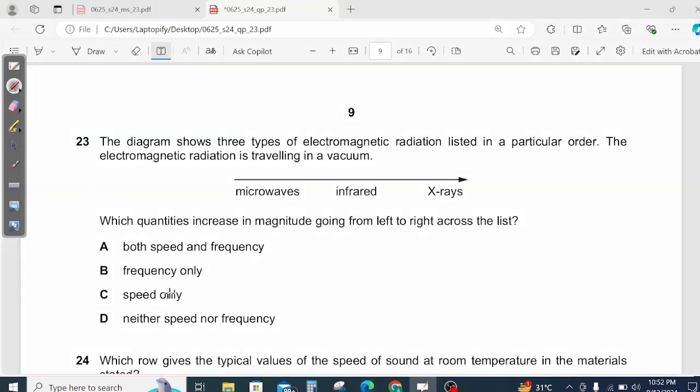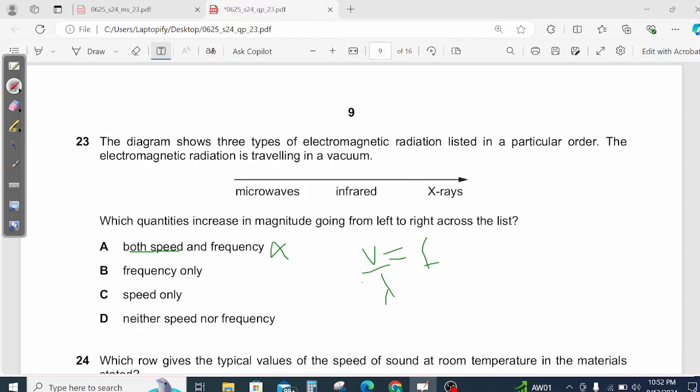First option is both speed and frequency. No, speed remains constant. Remember, we have the formula v = fλ. Wavelength and frequency are inversely proportional.